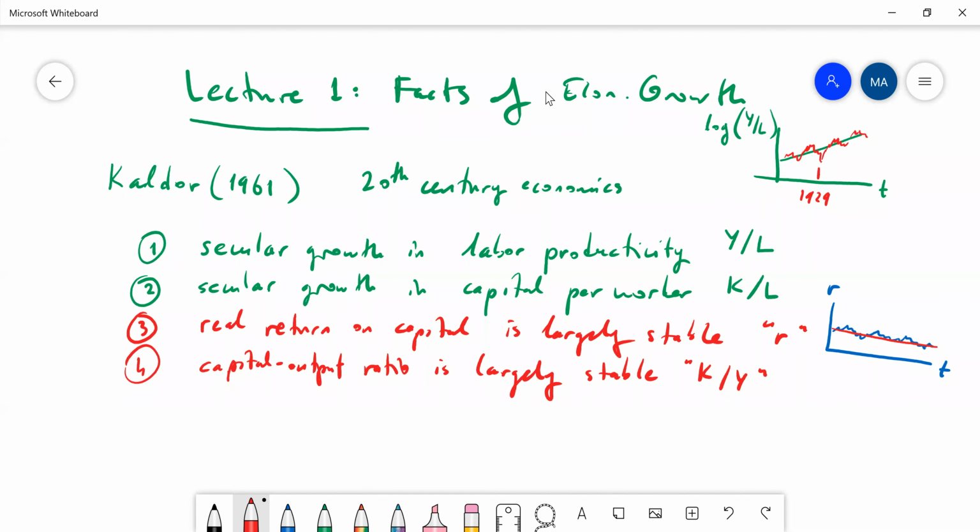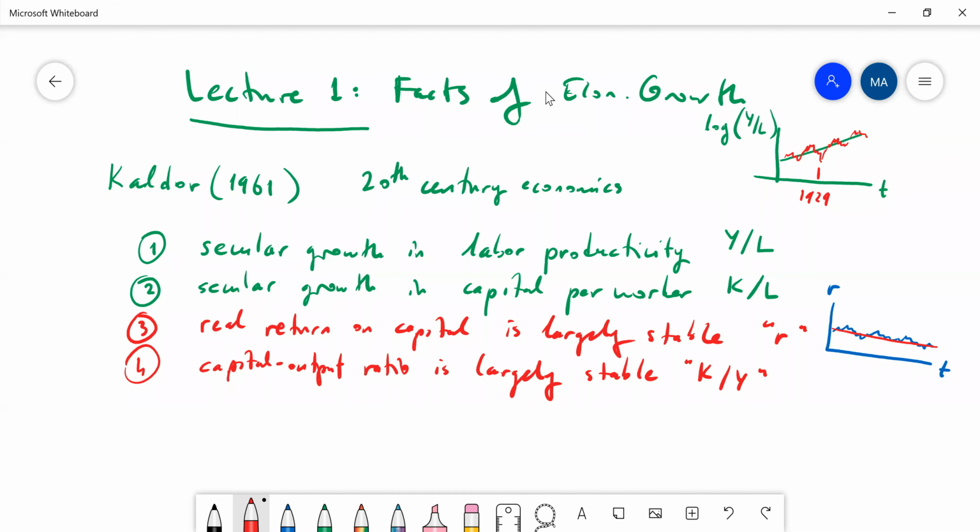Then you will have some high-income economies that have this type of growth rates.